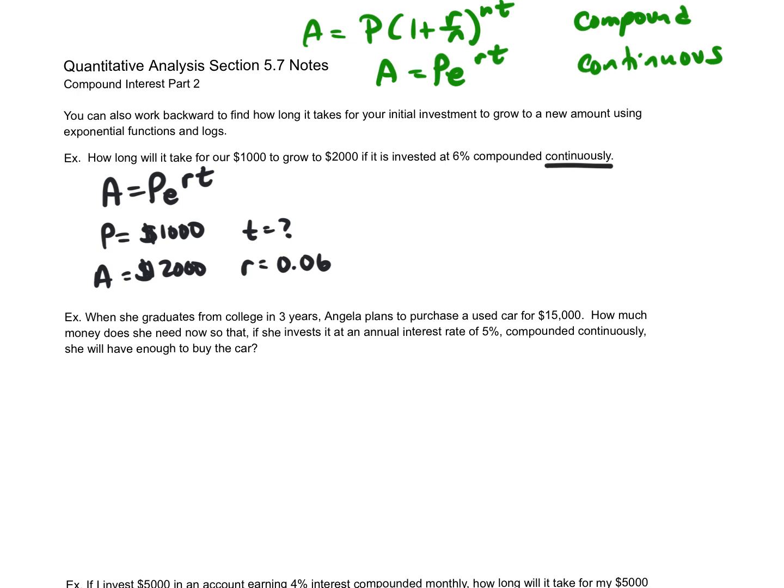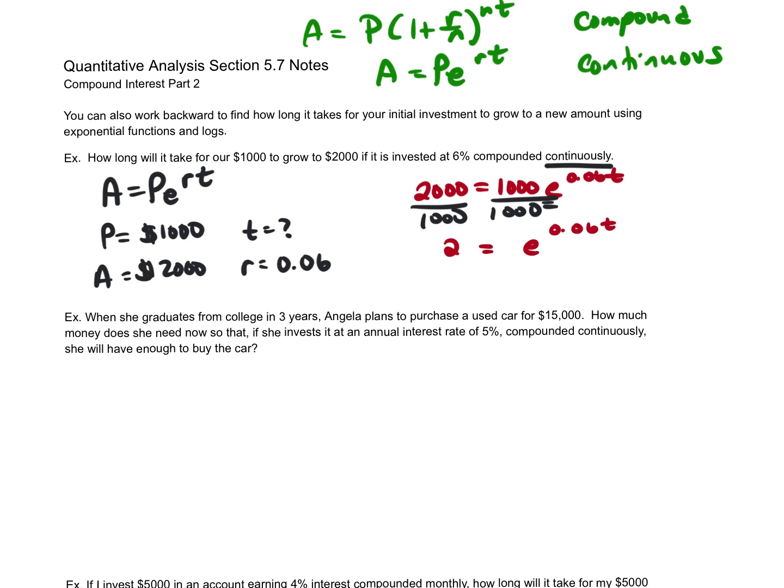So we know all these values, so we just have to solve and figure out what t is. If I do this, I'm going to get 2,000 equals 1,000 e^(0.06t). Our base in this case is this e, so I have to get that by itself first. So I'll go ahead and divide out by 1,000. That's going to yield 2 equals e^(0.06t).